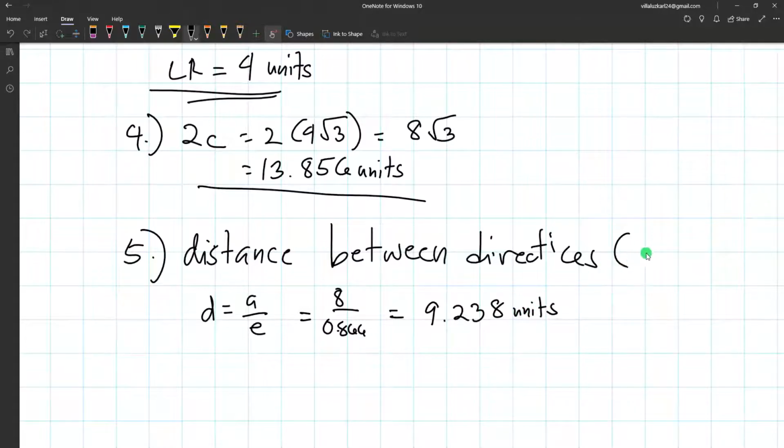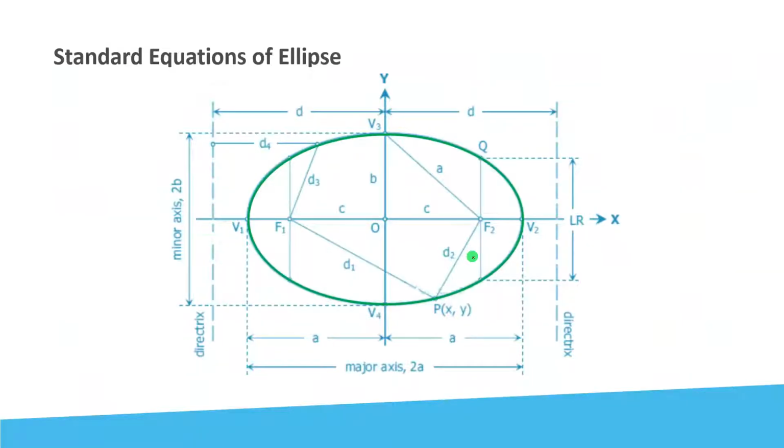The distance between the directrices is 2D, based on the figure. As you can see here on the figure of an ellipse, here are your directrices, so here's your D, so that's why you use 2D.